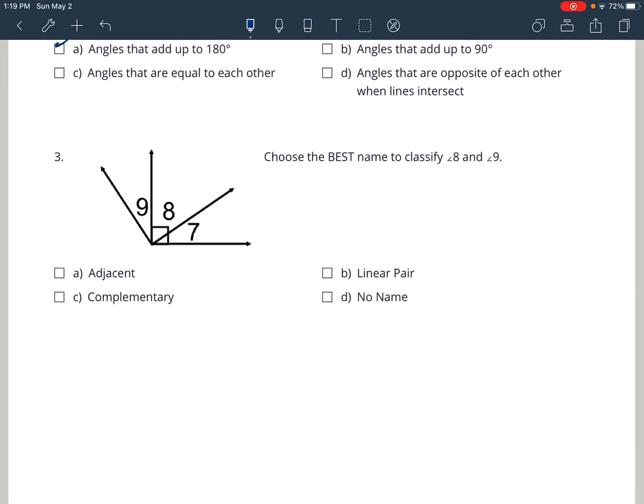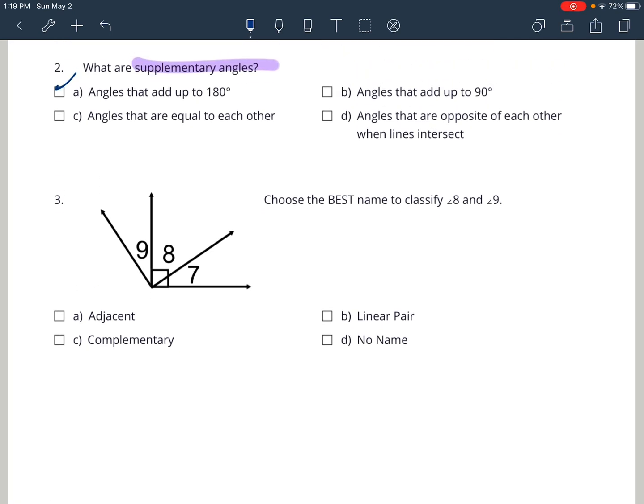Okay. Now, real quick, in number 3, this is choose the best name to classify angle 8 and 9. I'll get into that right now, but we went over the other video. As soon as you see the little box, that box means 90, all right? So just remember that. Okay, so anyways, 8 and 9.